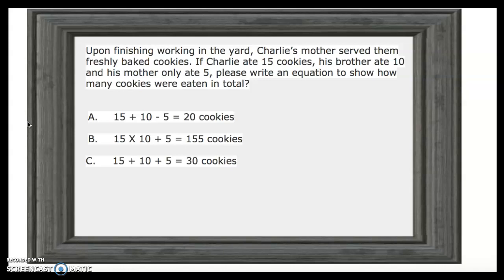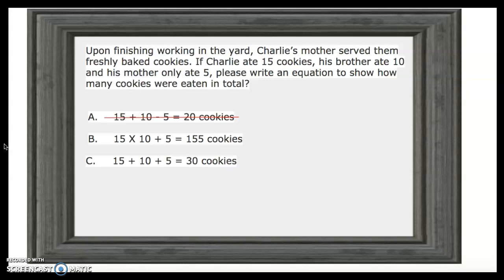I'm looking at these equations thinking to myself, which one makes sense? Well, let's look at the first one. The first one says 15 plus 10 minus 5. Well, if I'm minusing, then that means that 5 cookies were taken away. And it doesn't say that anywhere in the story. So I would say that the first equation is probably not going to be my answer.